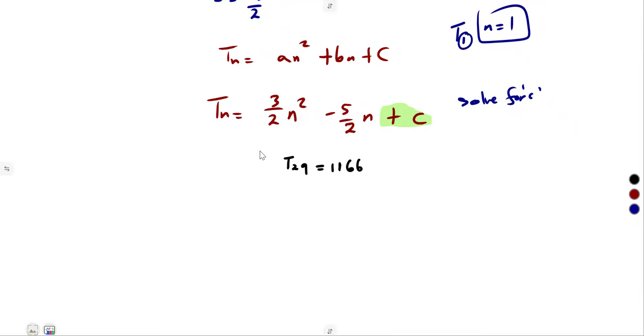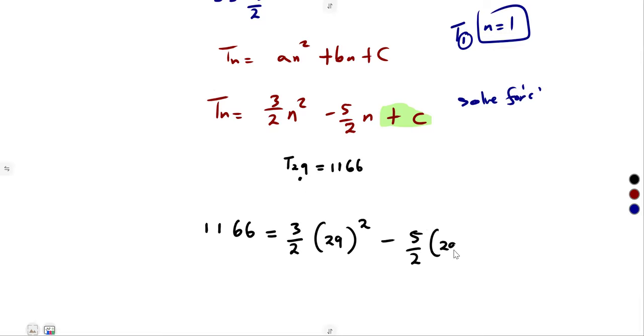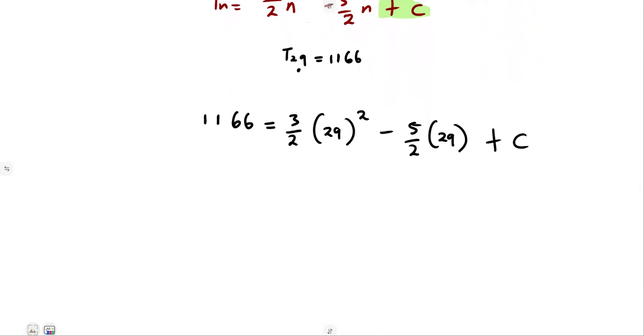So we are going to form an equation: 1166 representing our Tn is equal to 3 over 2 times 29 squared, minus 5 over 2 times 29, plus c. So we must solve for c from this equation.